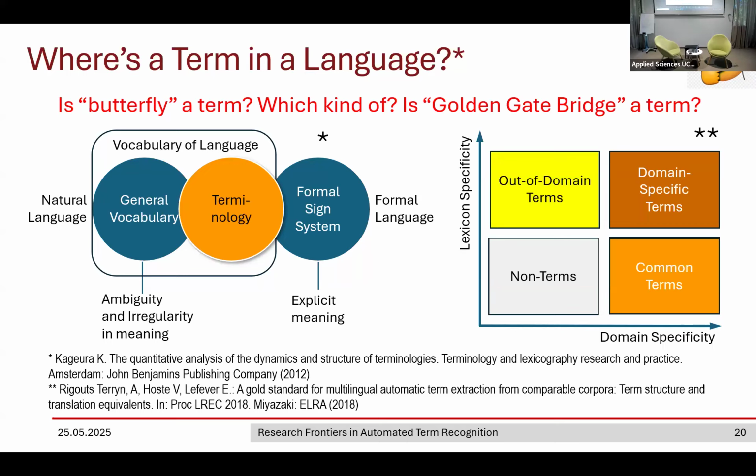So if you still allow this expression to belong to all of this, then is it a term or not a term? And if a term, which kind of? Is it? Not a term.